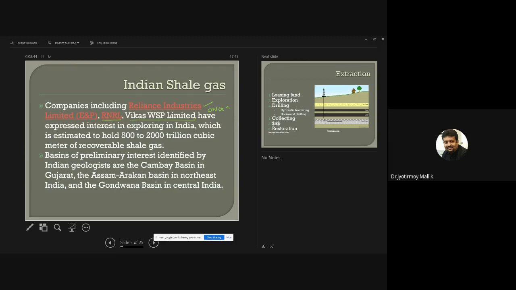They are currently exploring in India, which is estimated to hold around 500 to 2000 trillion cubic meters of recoverable shale gas. So India has a huge reserve of shale gas, and in future, when we say the market of fossil fuel is decreasing, the gas price has not gone down.